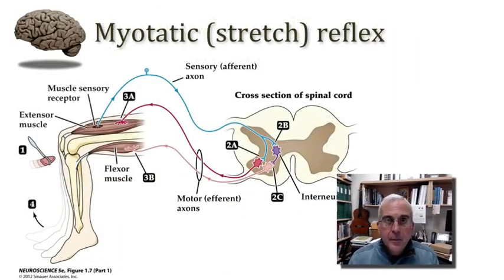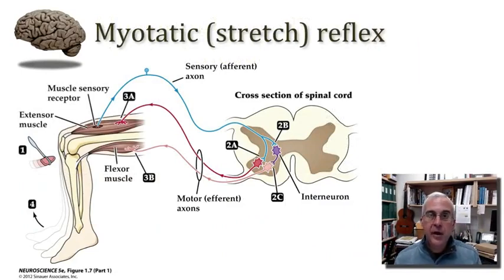The most common example that I trust you all have experienced at one time or another is something called the myotactic reflex, or the stretch reflex. One common way that this is elicited clinically is with the reflex hammer. What we see here is our typical knee-jerk reflex, where a force is applied to the patellar tendon.